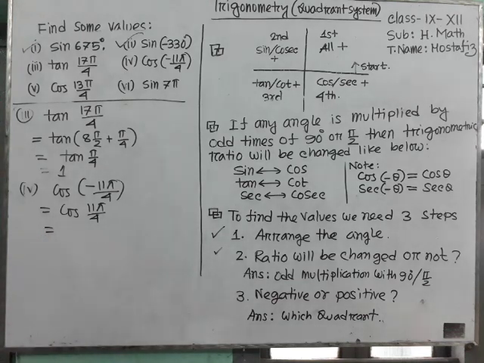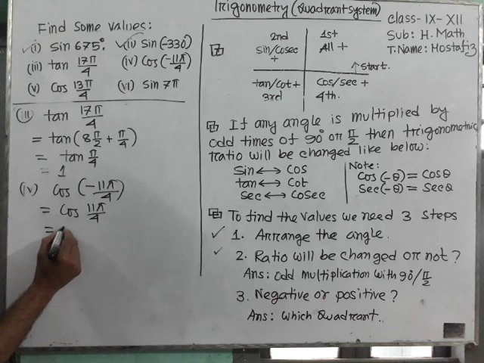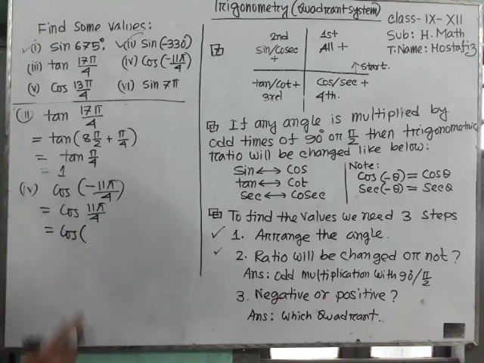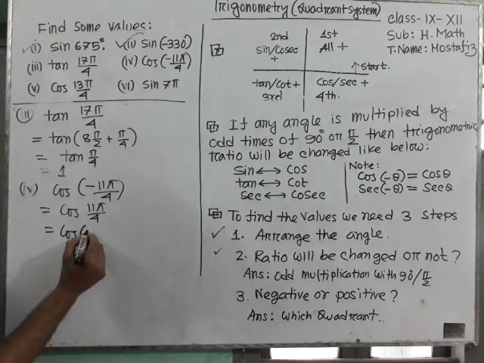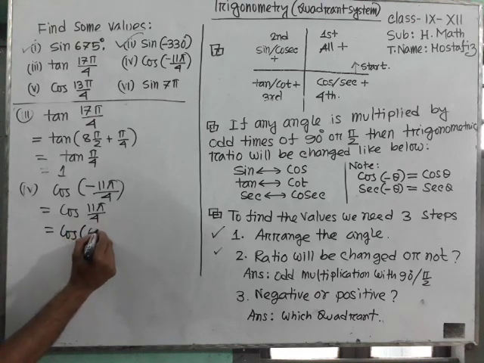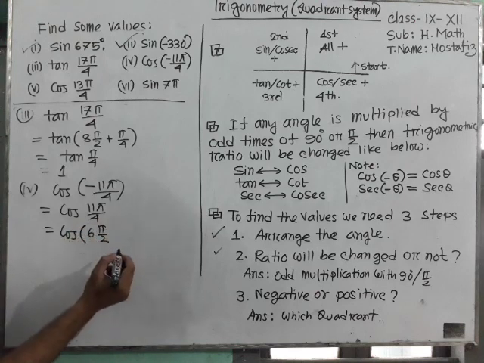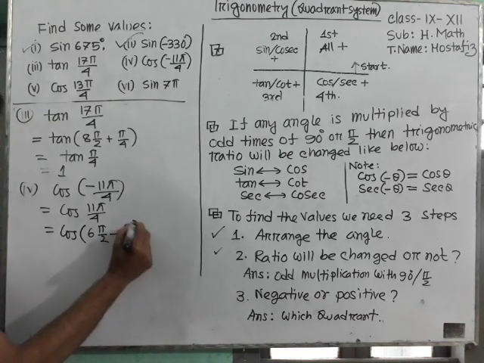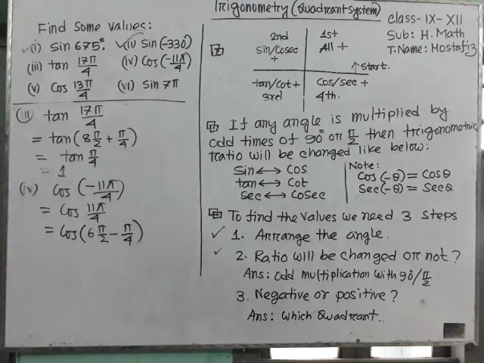Now you have to arrange it. So cos, it will be 6 pi by 2 minus pi by 4, which is 11 pi by 4.